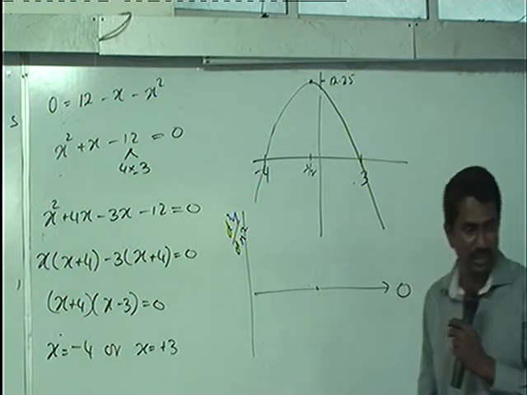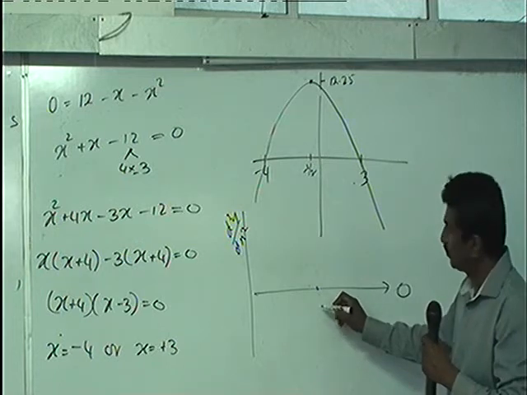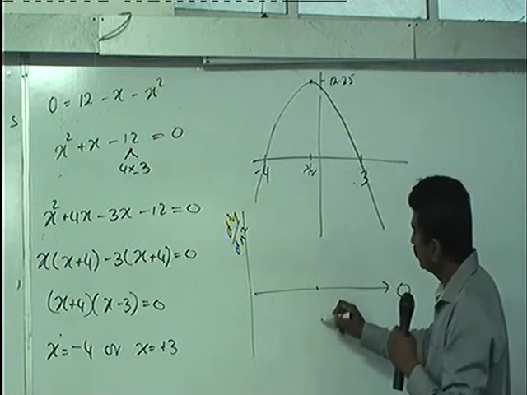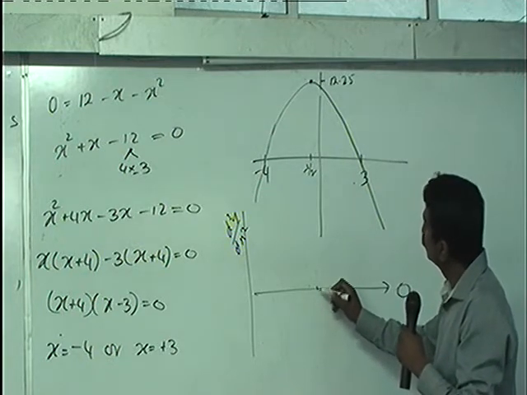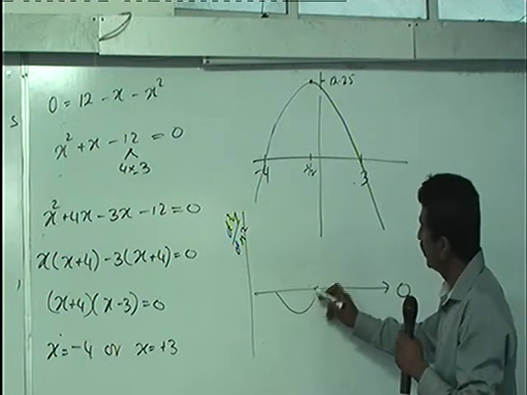The point has a negative value, some negative values on this side.